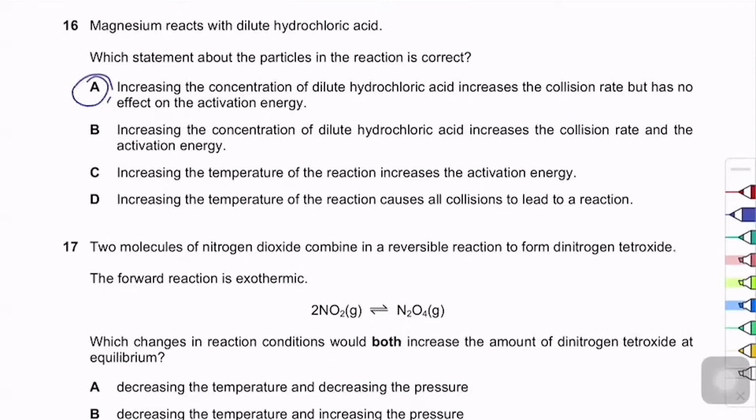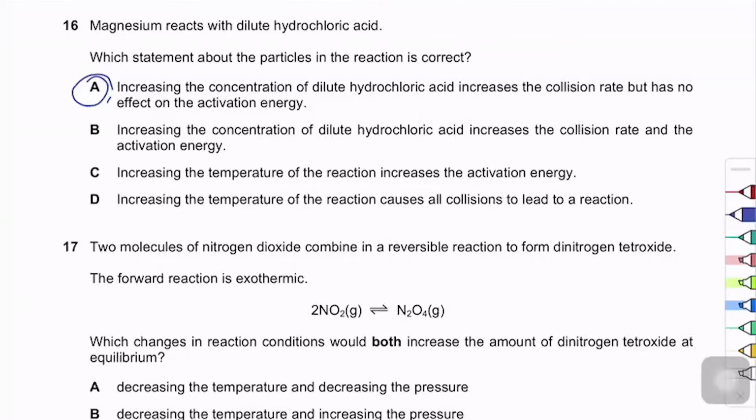But let's still evaluate the others. Increasing the concentration of HCl increases the collision rate. That's true. And the activation energy, no. Increasing the temperature, increase the activation energy. No, increasing the temperature just makes them move faster, but that's about it. Increasing the temperature causes all collisions to lead to a reaction.